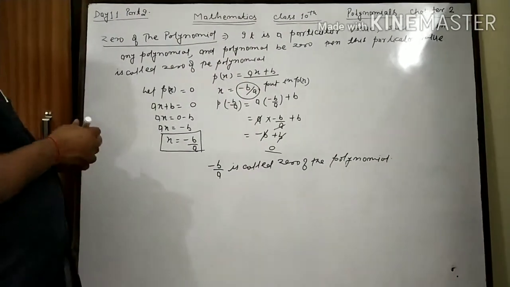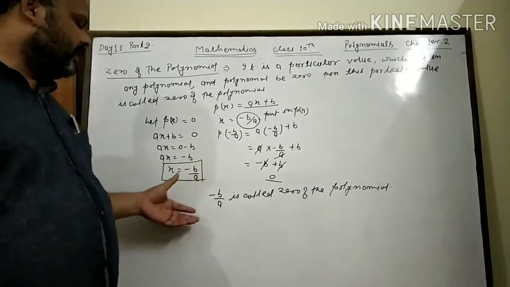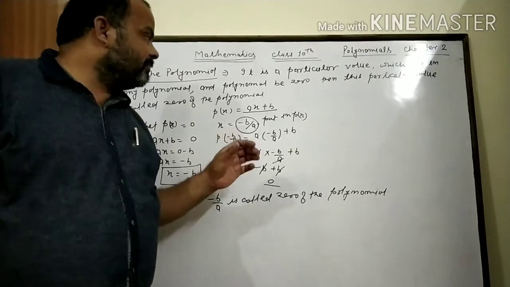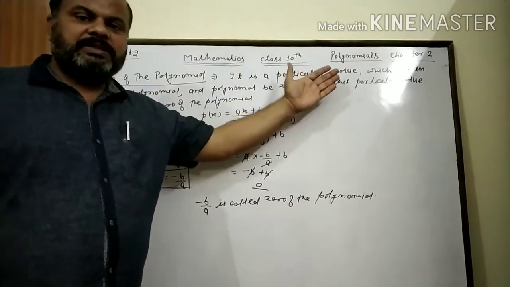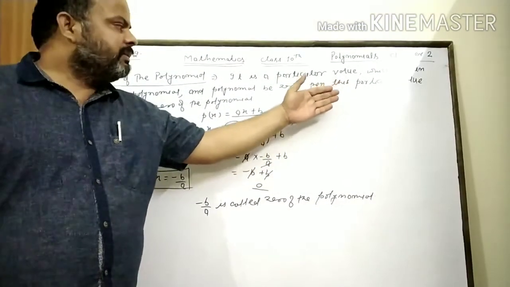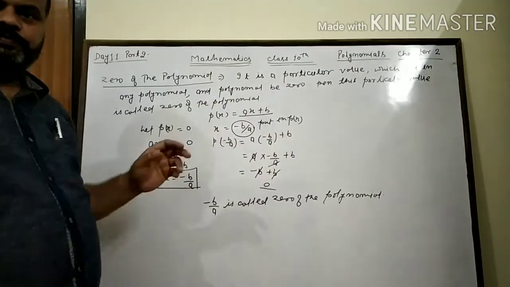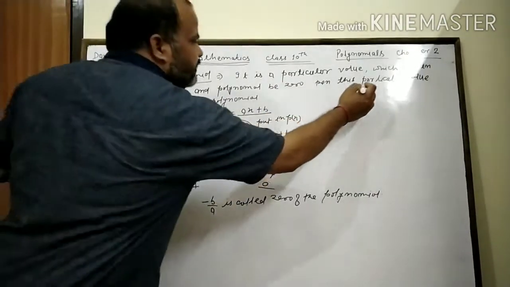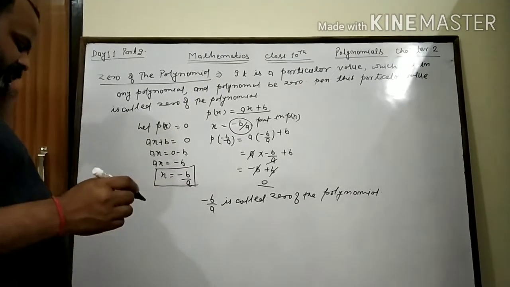Here minus b upon a is a real number. Clear? Then if you want to define zero of the polynomial, you say it is a real number that, put in any polynomial, makes the polynomial 0. Clear? It's called the zero of the polynomial. Is that clear?